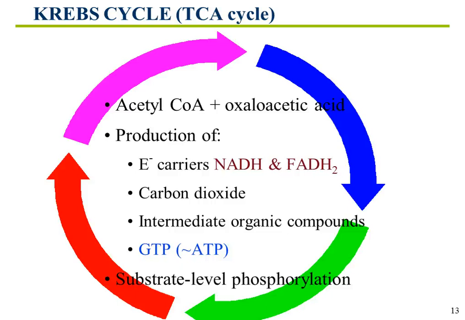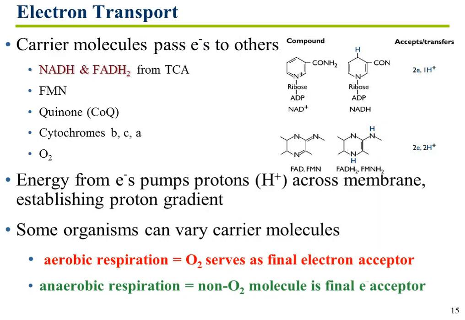And many of these things are used for other things that the cell needs. We made a little bit of ATP by substrate level phosphorylation, and there we go. So let me go back to the next one. Okay, so here again is the very last step.